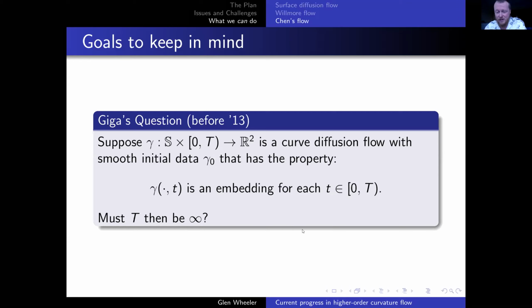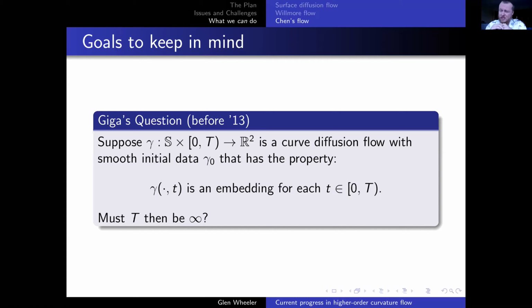And this is inspired, I believe, by numerical evidence that shows that all known singularities, even numerical ones from embedded data, they become first immersed. They first lose embeddedness, then become singular.